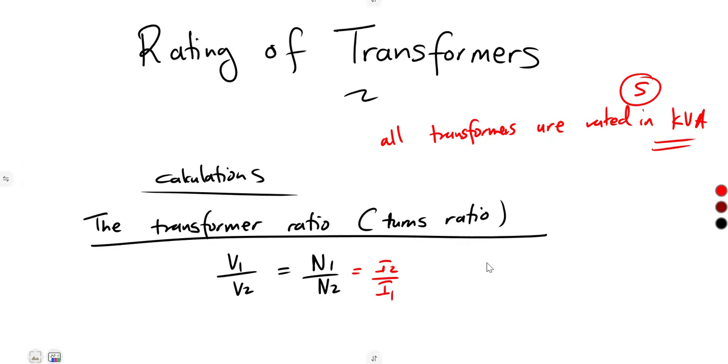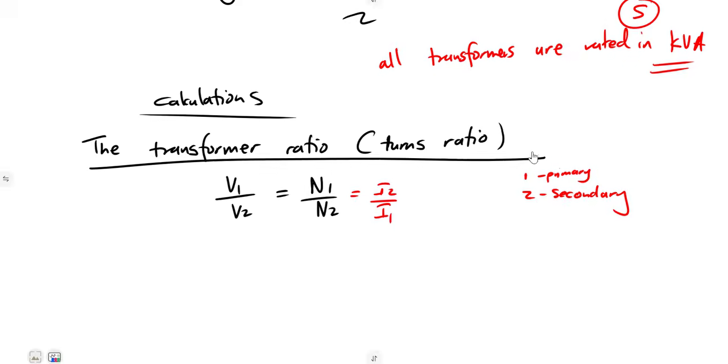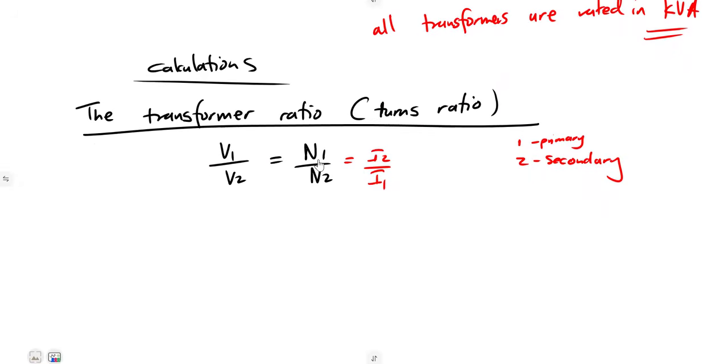Remember, we dealt with 1 for the primary side and 2 for the secondary side, depending on the textbook that you're using. Some use subscript P, subscript S for the secondary. So I'm just going to use 1 and 2. N is the number of turns. V is the voltage that you are given, the normal voltages.